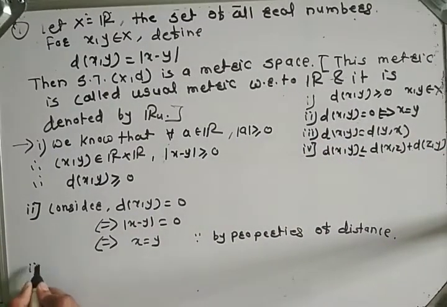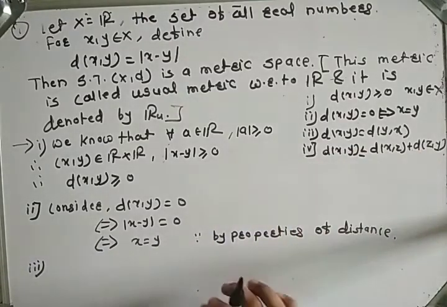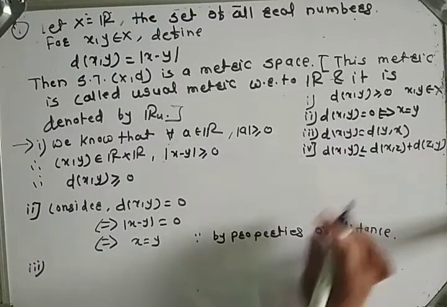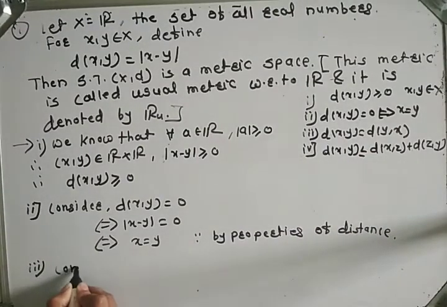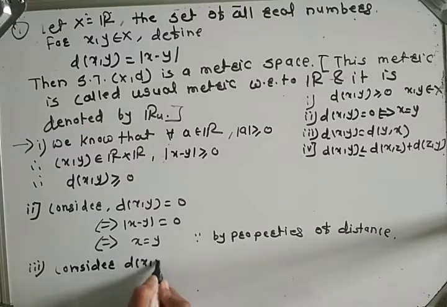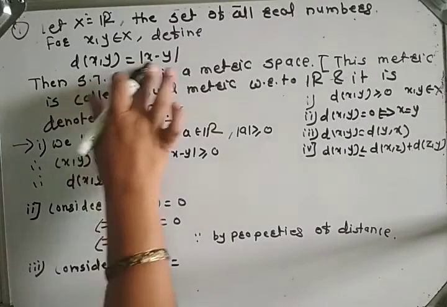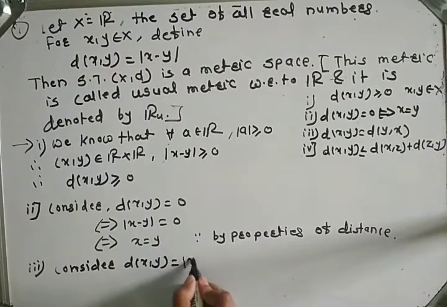In third property, we have to prove symmetry. For this, consider d of x comma y. What is d defined? d is mod x minus y.